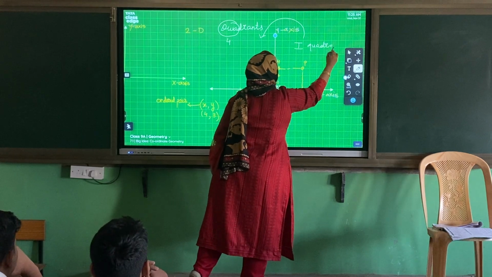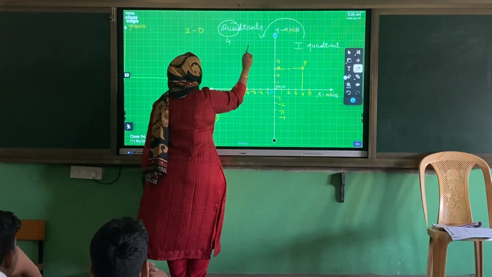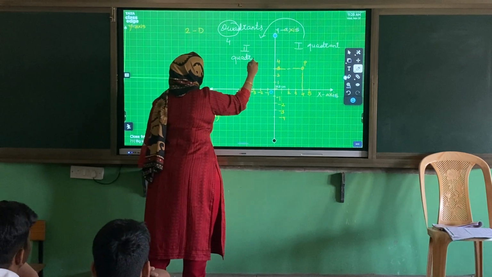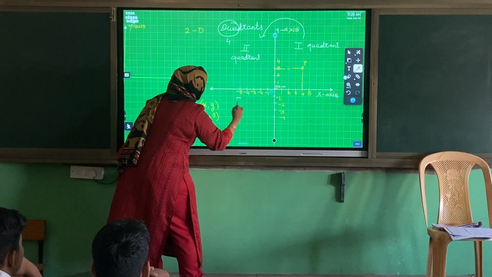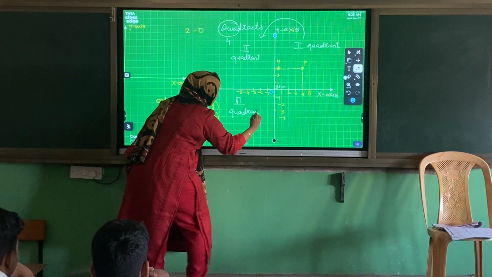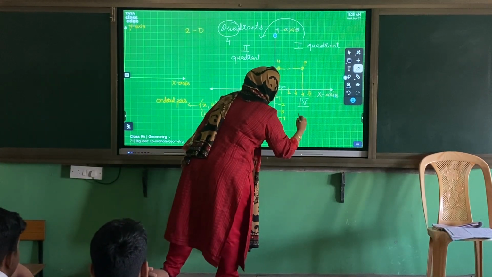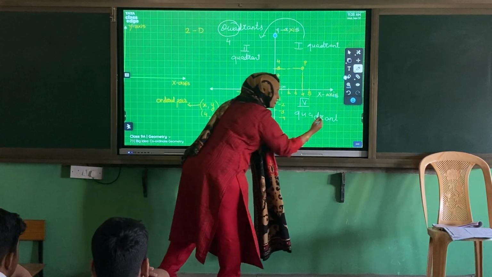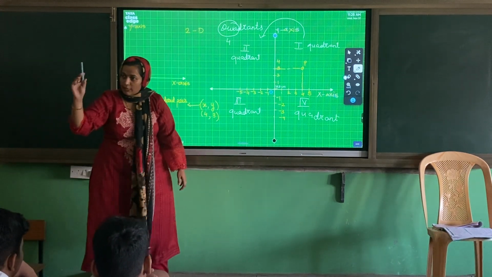Now we are going to work anti-clockwise. This is called our second quadrant. This is called our third quadrant. And this is called the fourth quadrant. We cannot change the place of these quadrants. If you change this place, game over.